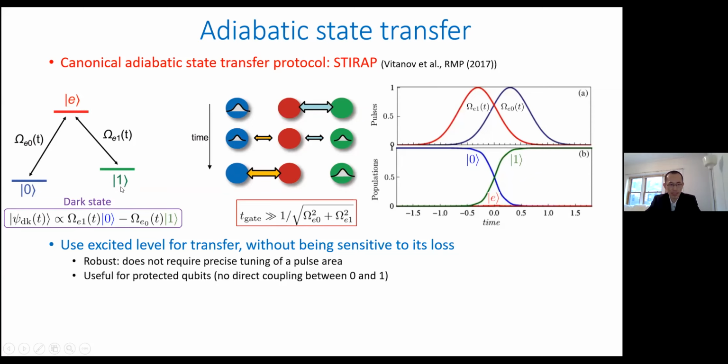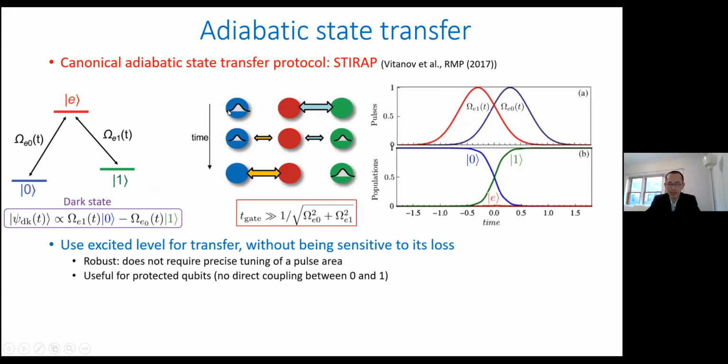So by turning on and off the 2 pulses in a counterintuitive sequence, we can tune the dark adiabatic state from all 0 to all 1. In this way, we can do a state transfer from 0 to 1.